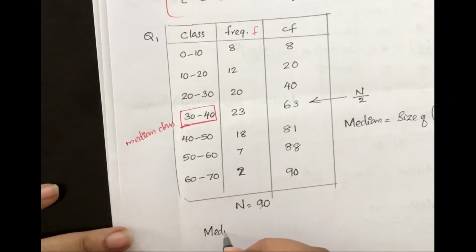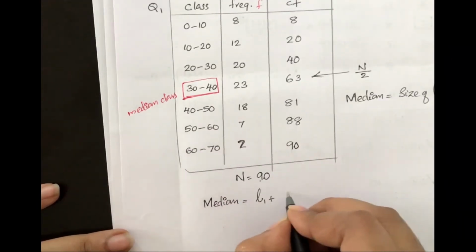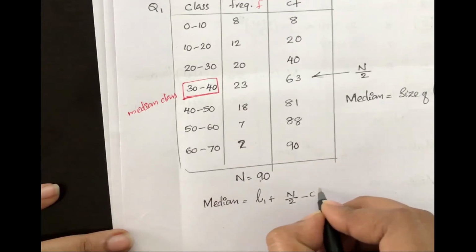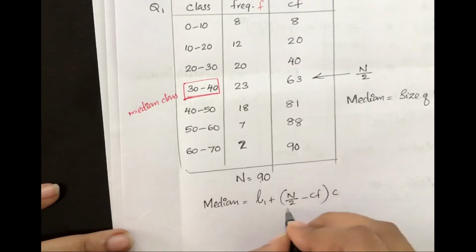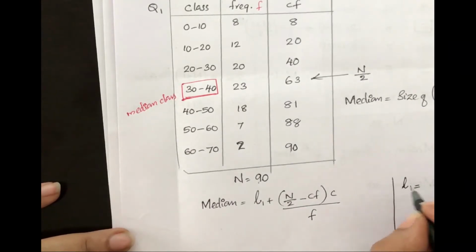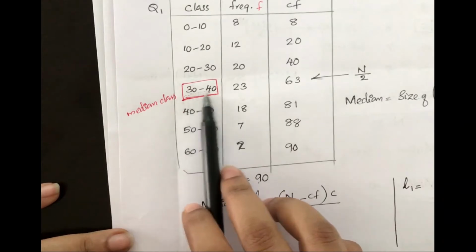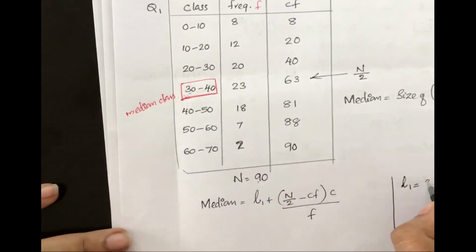Median is equal to L1 plus (n by 2 minus Cf) into C divided by F, where L1 equals the lower limit of the median class, which is the lower limit of the 30 to 40 class, 30. So L1 equals 30. Then n by 2 equals 45.